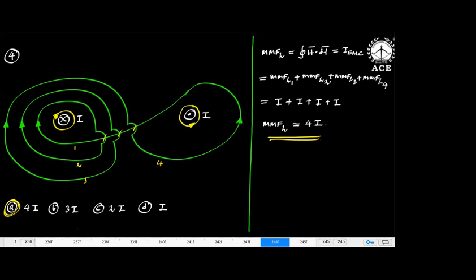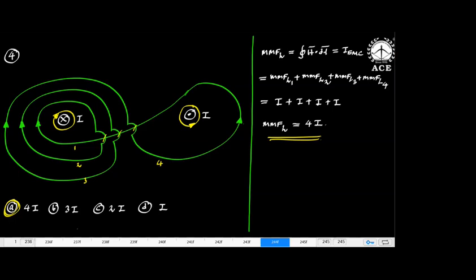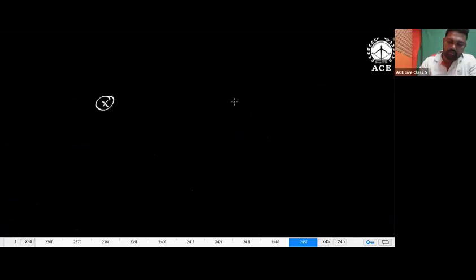Sir, no, not that direction. The fourth loop, sir. We have taken overlap here, the fourth loop. If we have not taken overlap, and only the I is included in that. If it is not overlapping, then there is no meaning for the question.